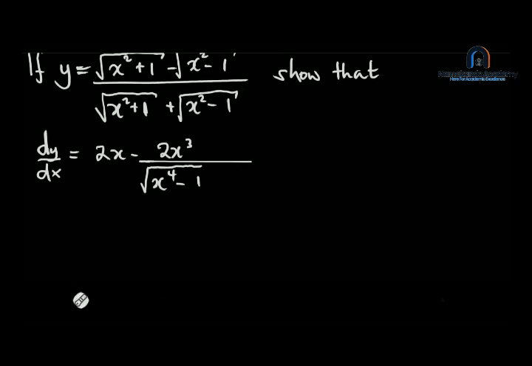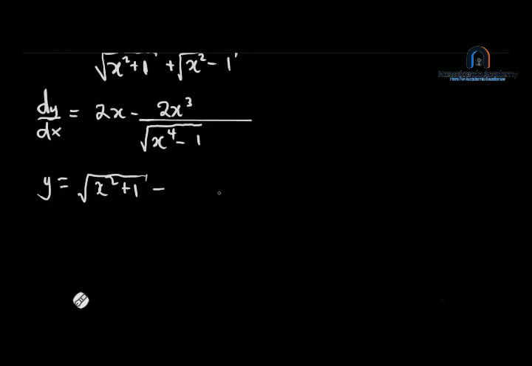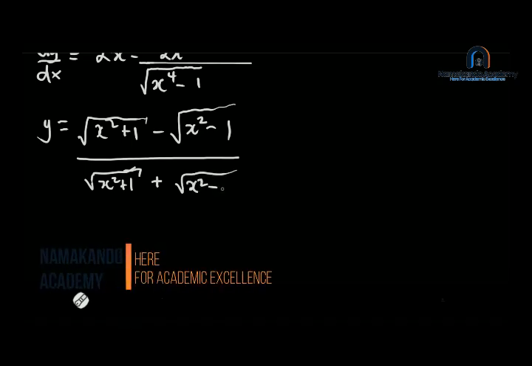So what we'll do is, we're going to write this function y, which is equal to square root of x squared plus 1 minus square root of x squared minus 1, then divide with the square root of x squared plus 1, then plus square root of x squared minus 1.